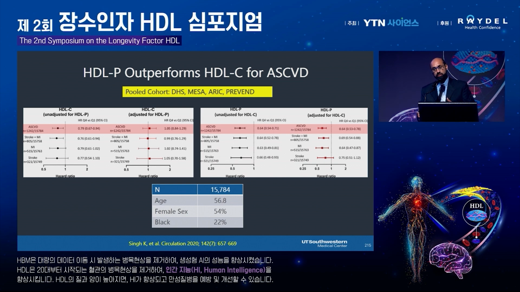And when we include HDL cholesterol levels, that's the rightmost forest plot, there was no change in the point estimate for HDL particle number. The top versus bottom quartile remained at a hazard ratio of 0.64 or a relative risk reduction of 36%. And what that meant to us is that the risk prediction information carried by HDL-P was not explained by the cholesterol content. And to us, this meant that, at least from a risk predictive strategy, HDL-P was much superior to HDL cholesterol levels in predicting ASCVD.